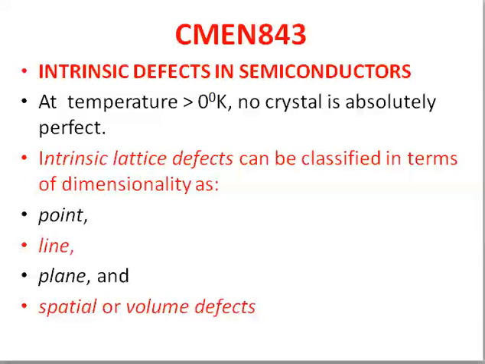These defects are categorized into different types depending on their nature. For instance, we have point defects, line defects, plane defects, and of course spatial defects, which we sometimes call volume defects.